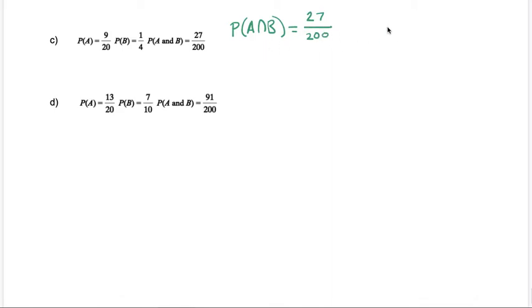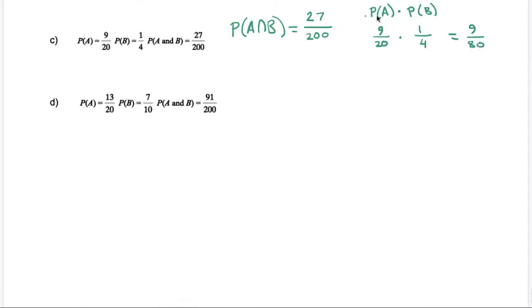We're going to look at, first of all, the probability of A times the probability of B. So the probability of A times the probability of B is 9/20ths times 1/4, which of course is 9/80ths.